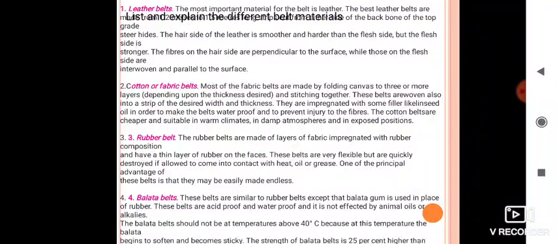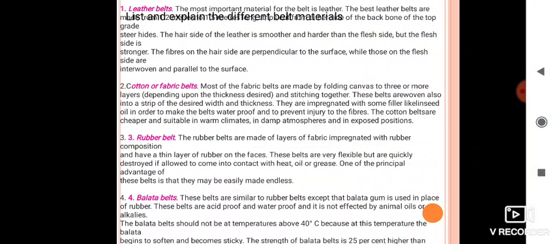They are compressed and have a thin layer of rubber on the faces. These belts are very flexible but are quickly destroyed if allowed to come into contact with heat, oil or grease. One of the principal advantages of these belts is that they may be easily made endless.